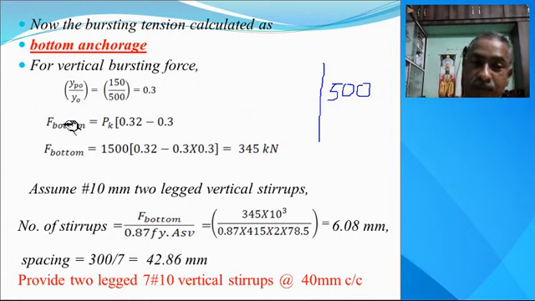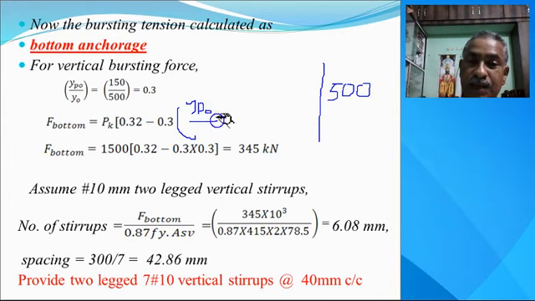Now the force at the bottom is equal to PK, the pre-stressing force, into 0.32 minus 0.3 into YPO divided by YO.